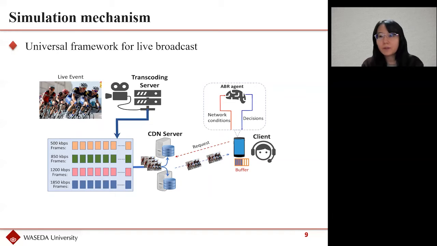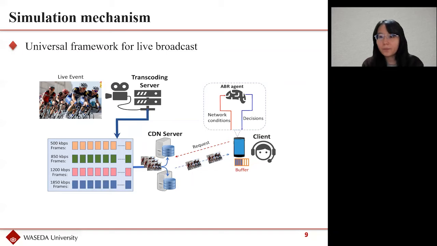To simulate the live streaming mechanism, the simulator behaves in a frame-level way. In the simulator, the video information and the network trace information are necessary. During the simulation, each frame will be downloaded, and the time consumption will be calculated numerically using the network bandwidth and the size of the frame.